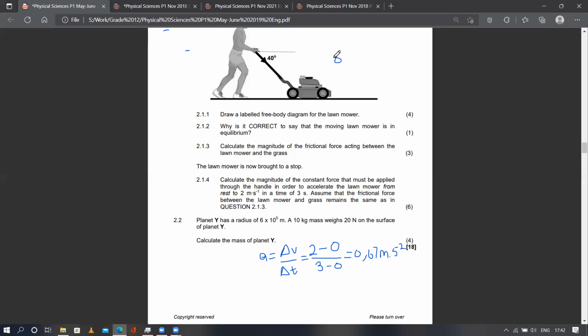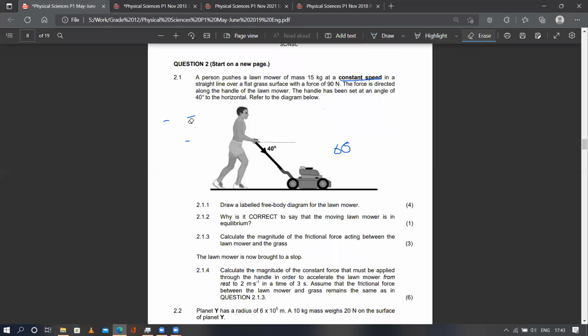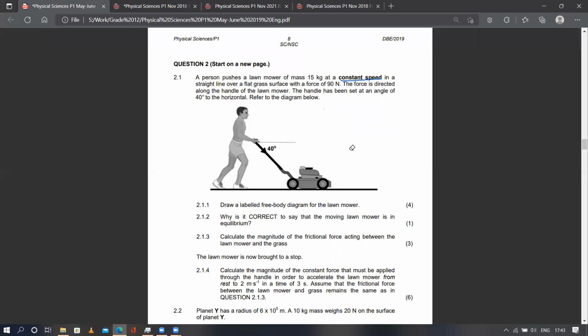I think it was somewhere around, let me just go back. I think I might have made a mistake by rubbing out the frictional force, but let me just rewrite it. 90 plus 320.